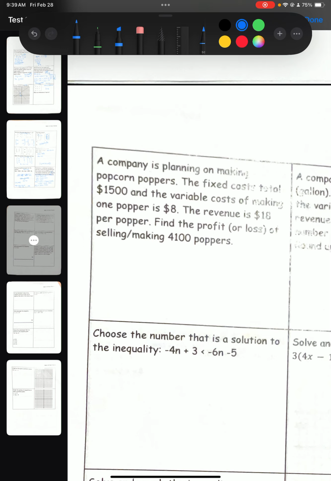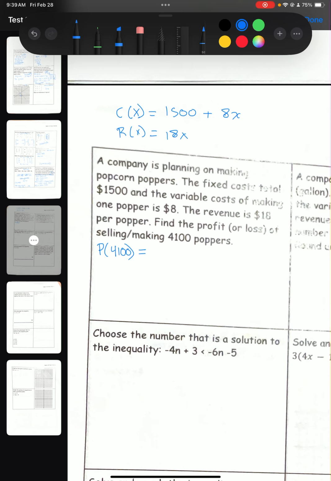I'm going to plug in the number once I have the equation. So this is what I'll be setting up. Up here, we're going to find out what our total cost looks like, and that's going to be our $1,500 plus our $8 per popper. And then our revenue, they're selling it for $18 per popper.